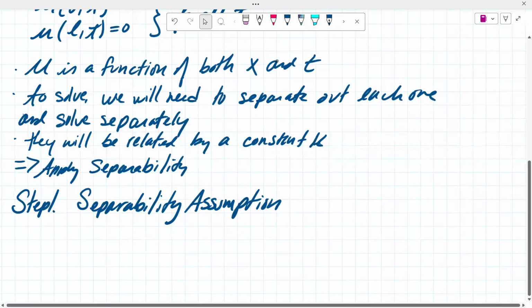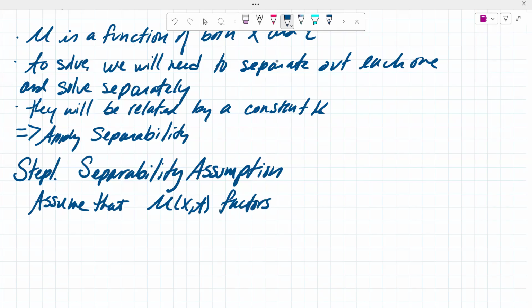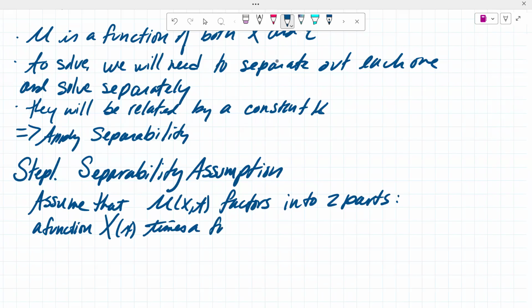Okay, so we're going to assume that u of x and t factors into two parts: a function X of x times a function T of t.